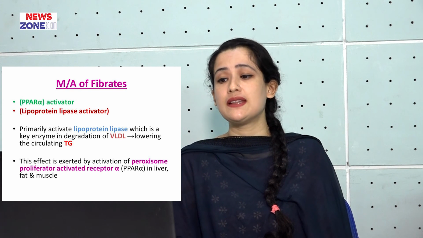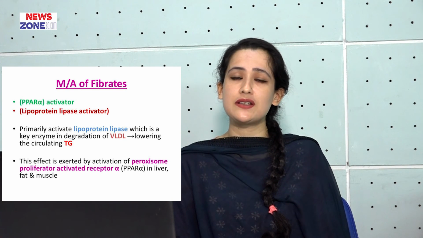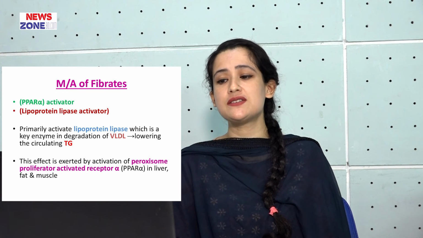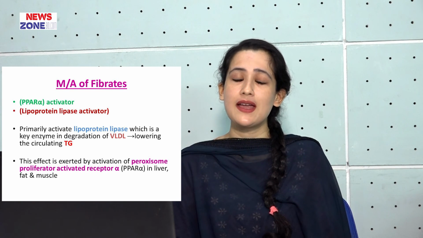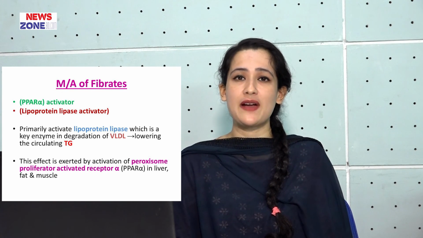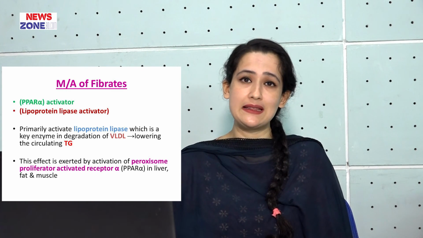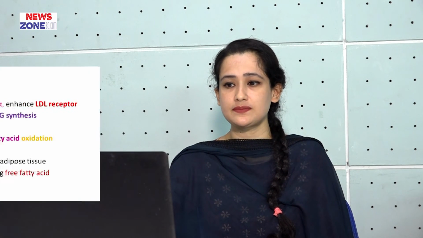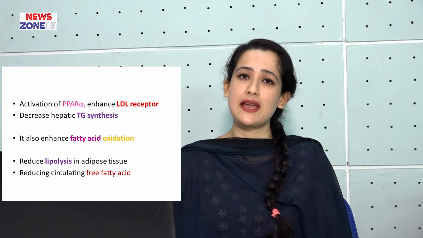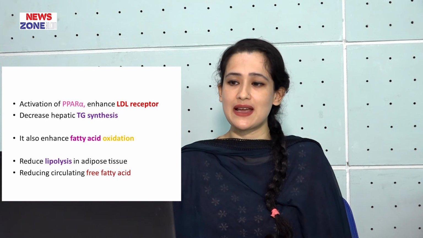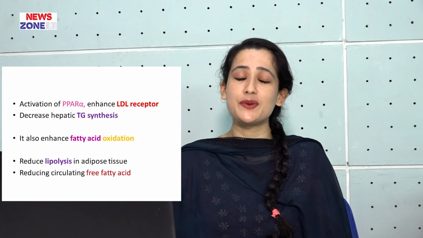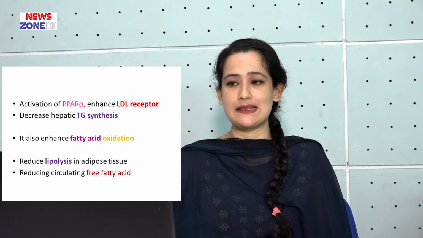This effect is exerted by the activation of the peroxisome proliferator activated receptor alpha in the liver cell, in the fat tissue and also in the skeletal muscle. They also reduce the hepatic biosynthesis of triglyceride and also increase fatty acid oxidation.